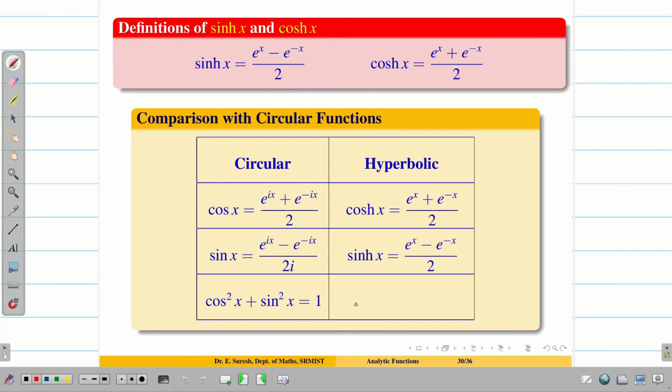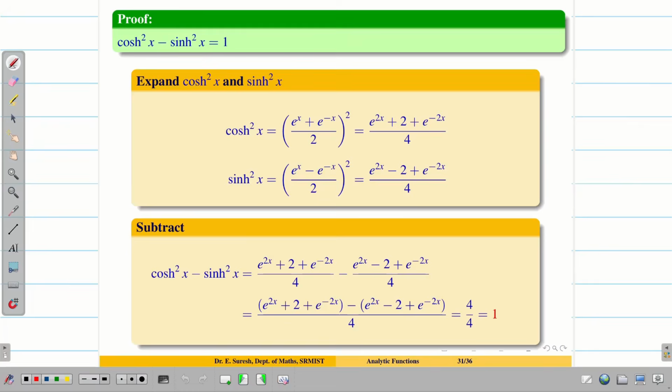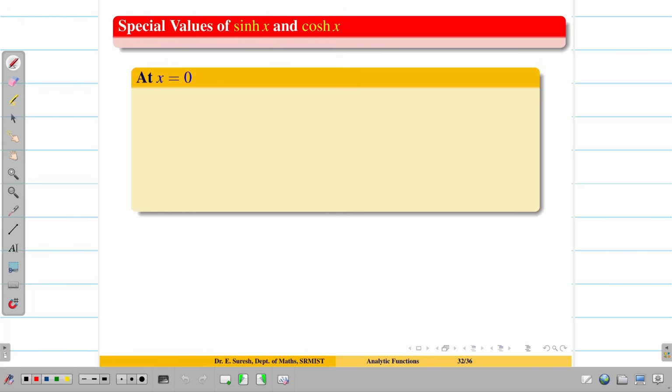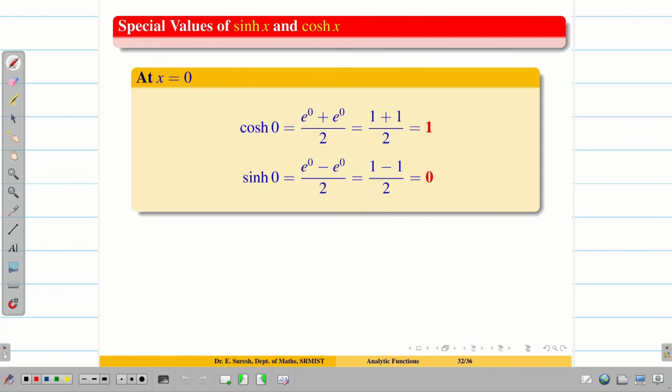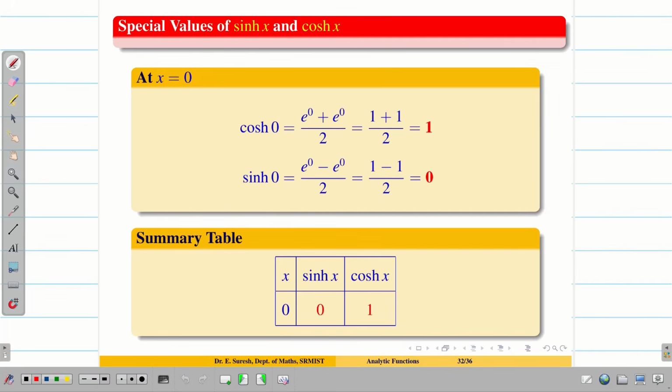But in the case of hyperbolic functions, we have cosh square x minus sinh square x equal to 1. If you want, you can pause and see the proof. Whenever I put x equal to 0, cosh 0 is e power 0 plus e power 0 by 2, that is 1. Sinh 0 is e power 0 minus e power minus 0, that is 1 minus 1. It will become 0. So sinh 0 is 0, cosh 0 is 1.